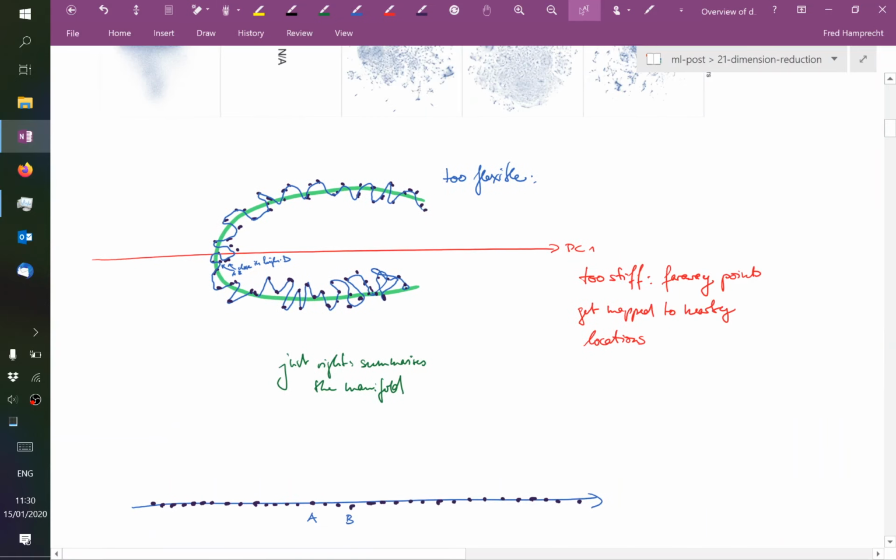So what happens with a method that's too flexible is that nearby points can get mapped to faraway locations, or to distal, that's a more technical term, distal locations.